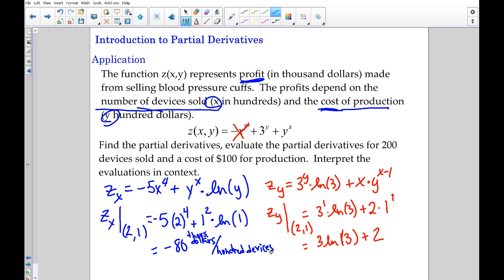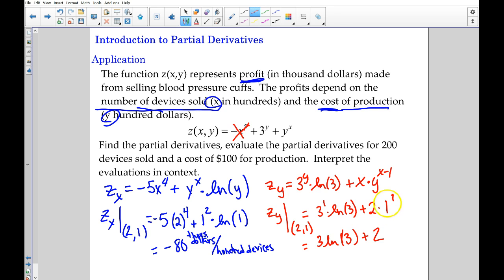The derivative is going to have the units of the original output divided by the units of the variable that you're differentiating with respect to.